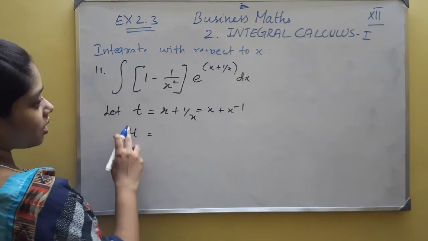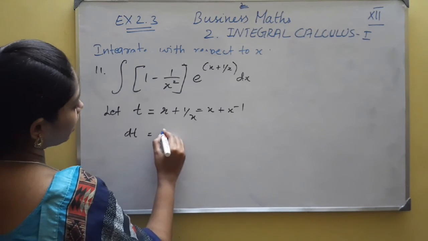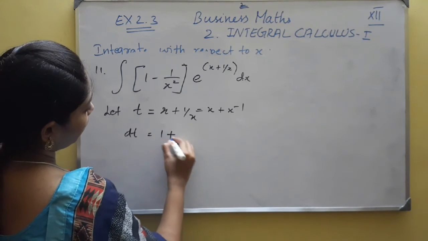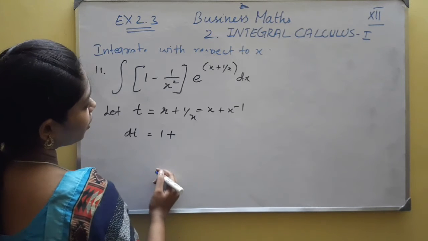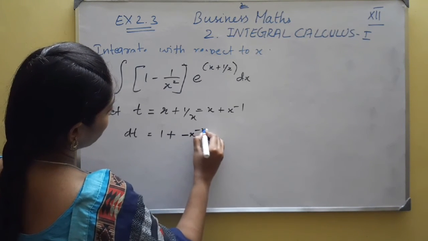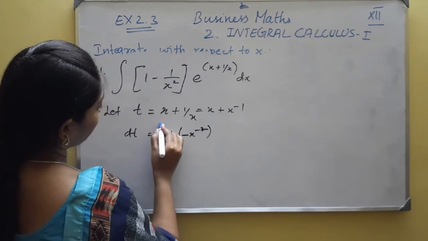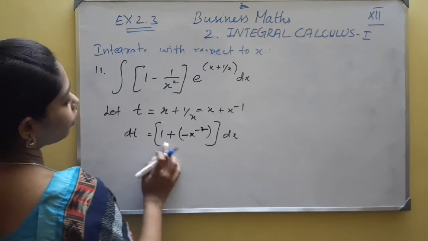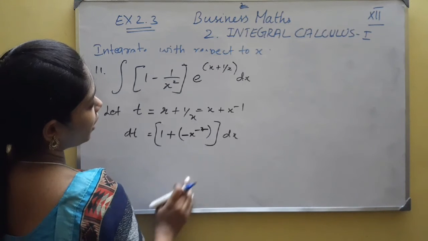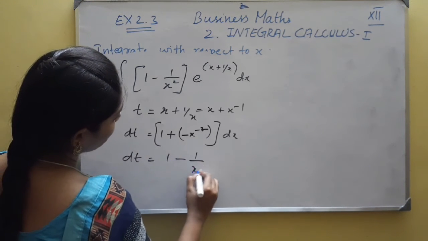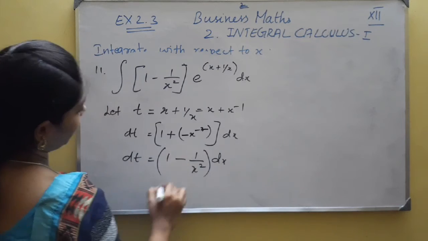I am differentiating this with respect to x, I will get 1 plus minus x^(−2), so dt by dx equals 1 minus 1 by x squared.